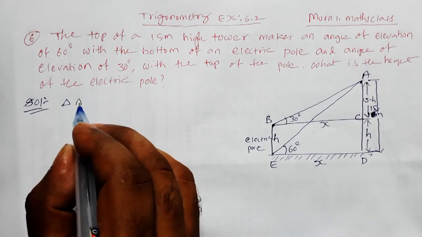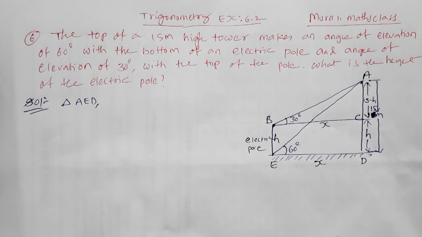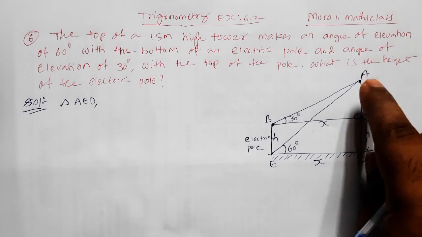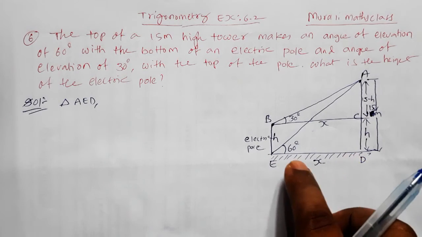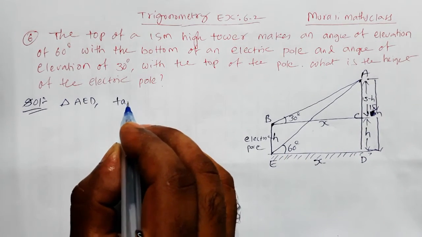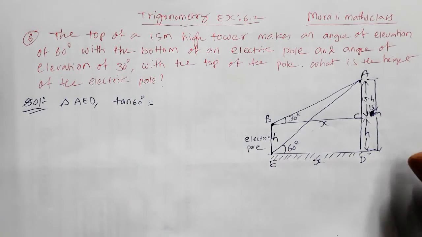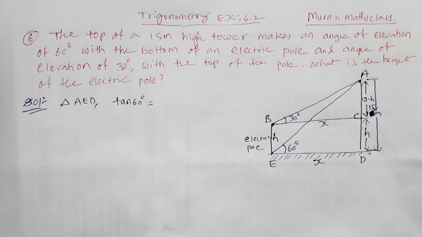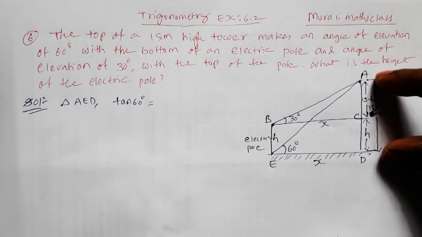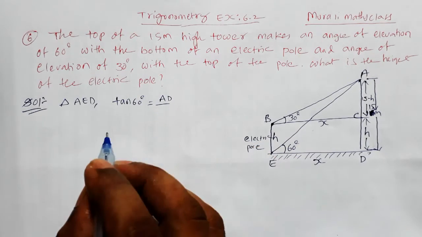Triangle AED. If I take triangle AED, we can apply tan 60. Tan 60 equals opposite side by adjacent side. This is the opposite side, AD. Adjacent, ED.